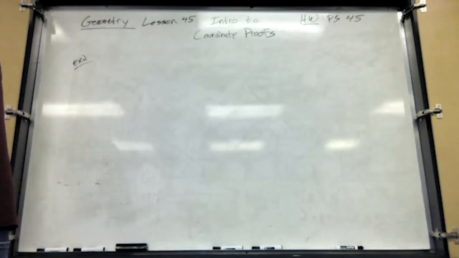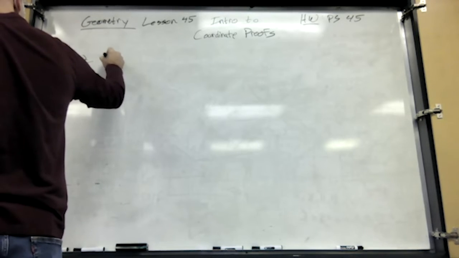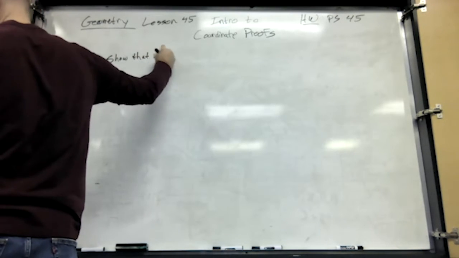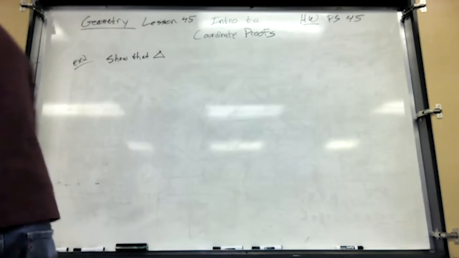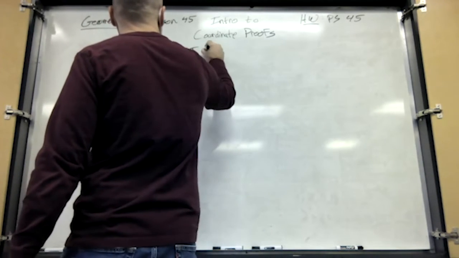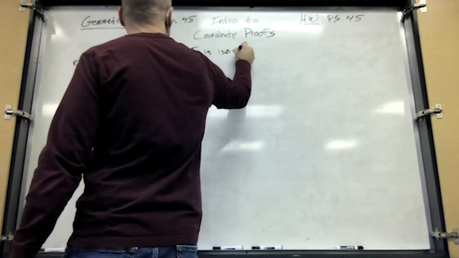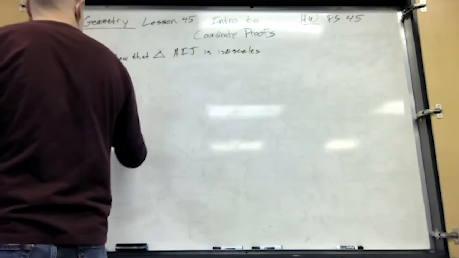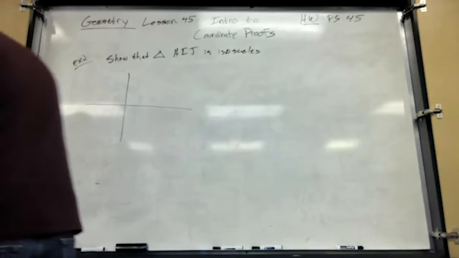We're going to show that triangle HIJ is an isosceles triangle. Okay, and here's what the coordinate plane looks like.